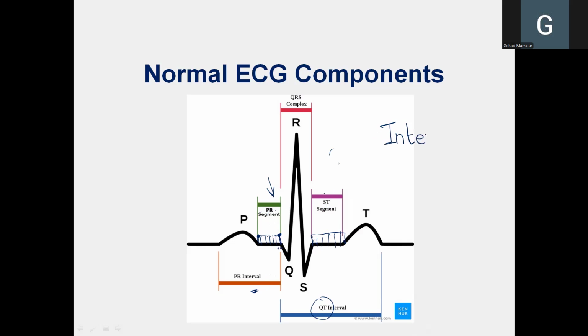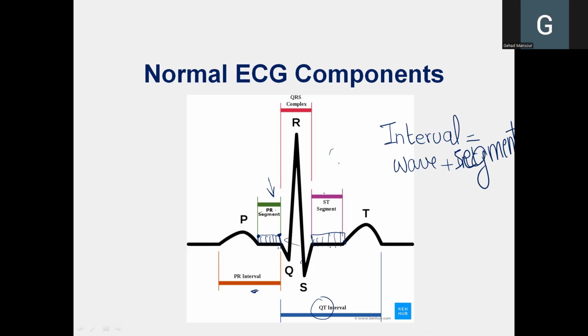A segment, as we said, is the distance between two successive waves, but the interval is nothing but a wave plus a segment. I'm sorry, so what is an interval? The interval is a wave plus a segment.